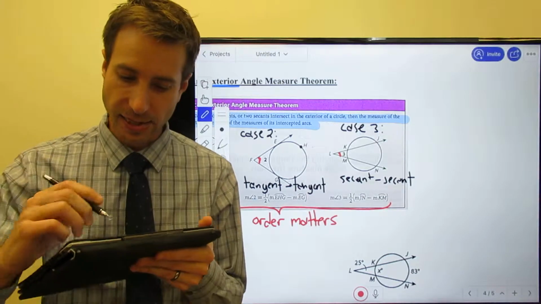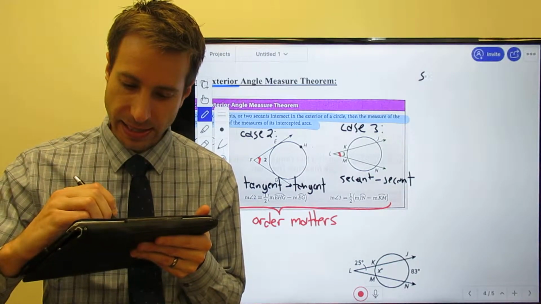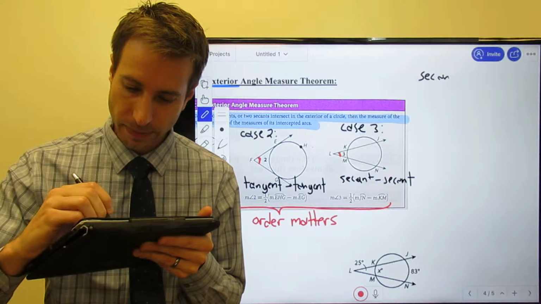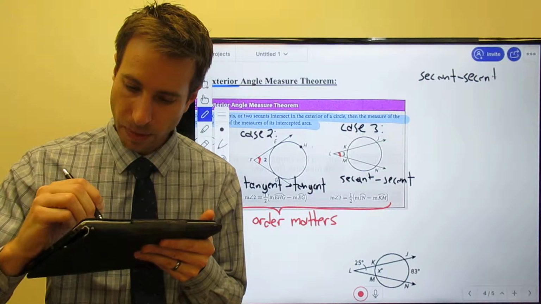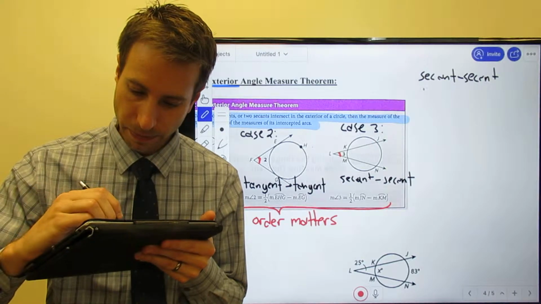In the last section, we looked at the secant product theorem.